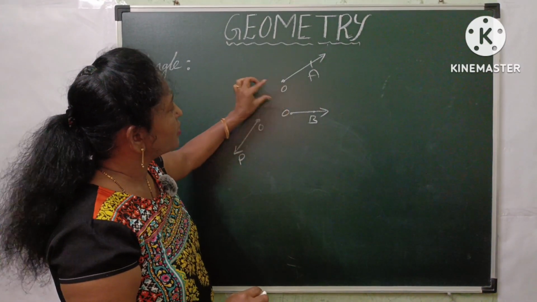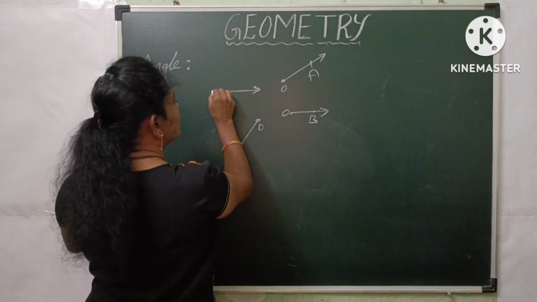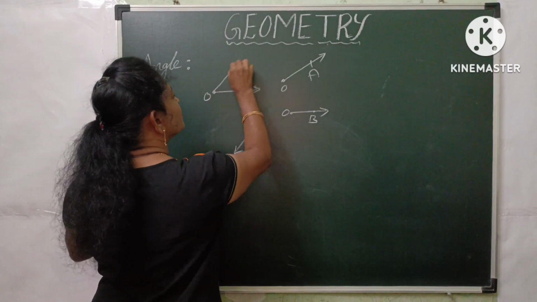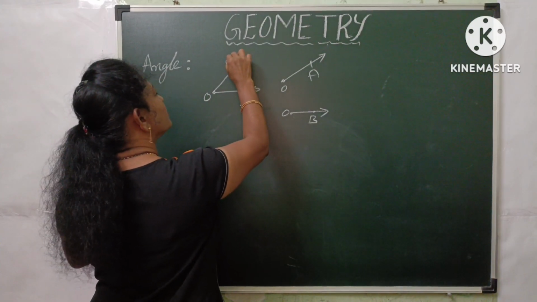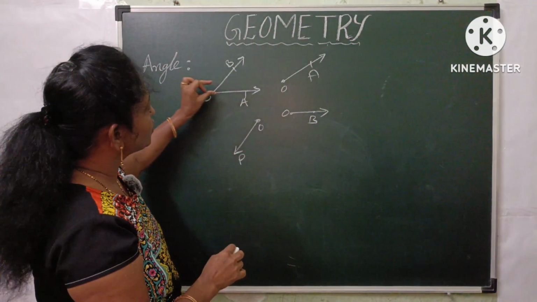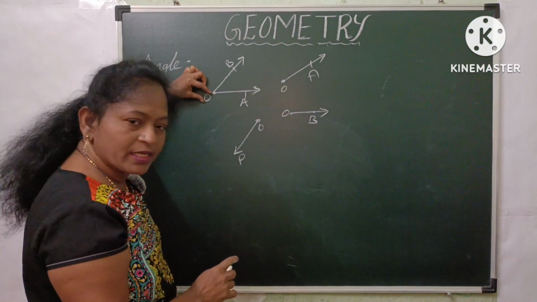If you join these starting points and draw the two rays, here OA and OB, two rays with starting points together, then it forms a common vertex.